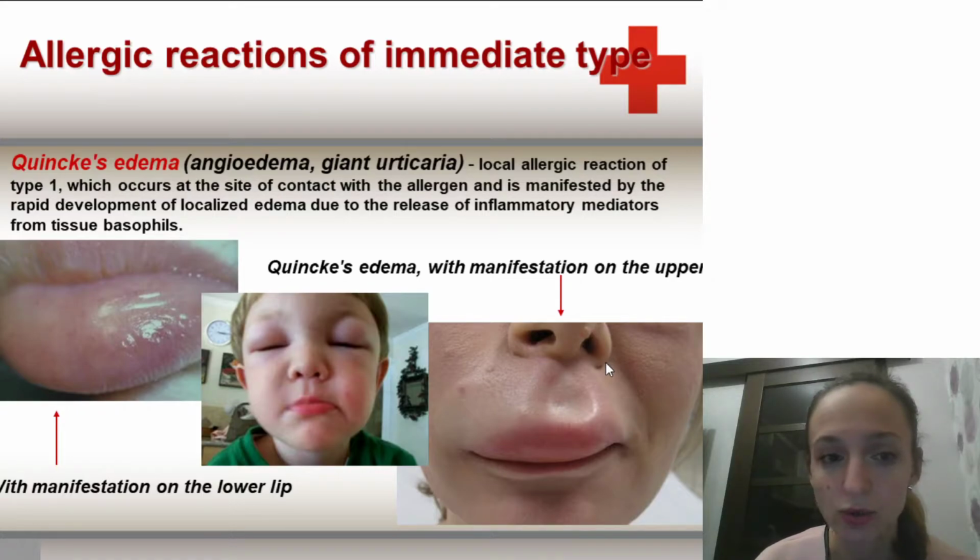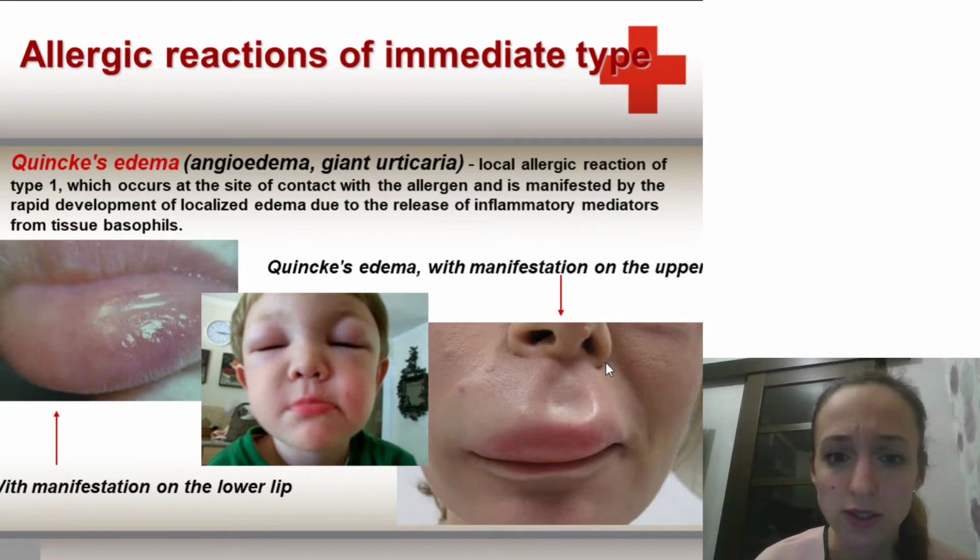I think you know about Quincke's edema. Yes, it is very necessary information because all of you unfortunately can see this Quincke's edema or hear about it from your colleagues.